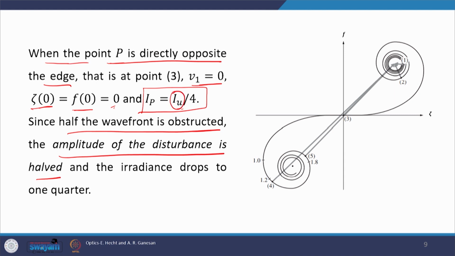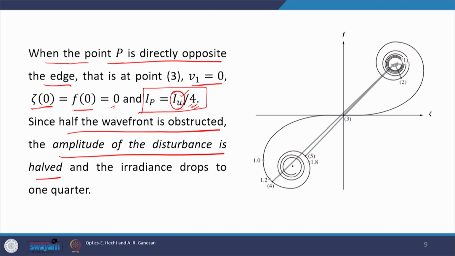Had there been no obstruction, we would have observed irradiance equal to I u. But since half of the wavefront is obstructed, the electric field is reduced by half, therefore irradiance is reduced by 1/4, which we derived from our mathematical calculation, which says I p is equal to I u by 4.